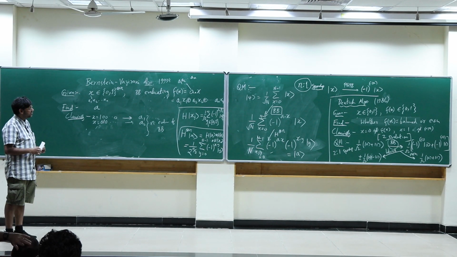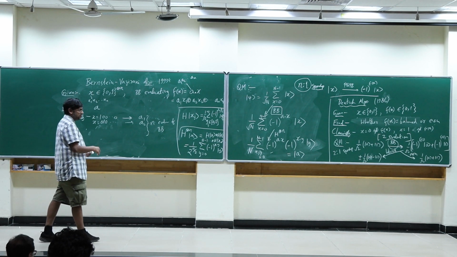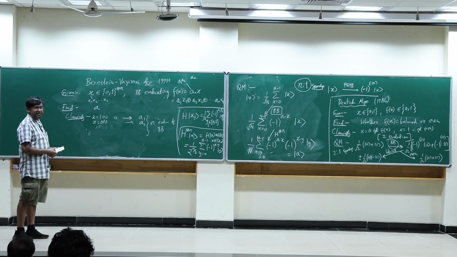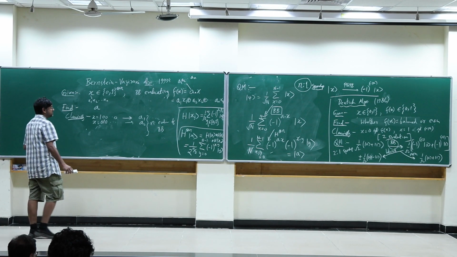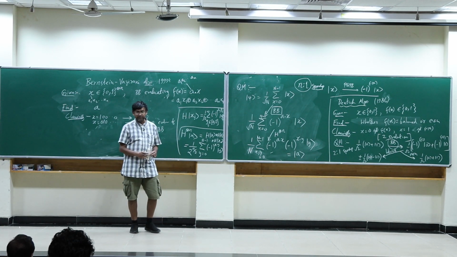Right. Just because I have 1 more hour left on Friday, maybe Simon's algorithm we will skip at this stage. It's instructive to do that for Shor's algorithm, but since we'll do Shor's algorithm anyway, we do not do Simon's algorithm.